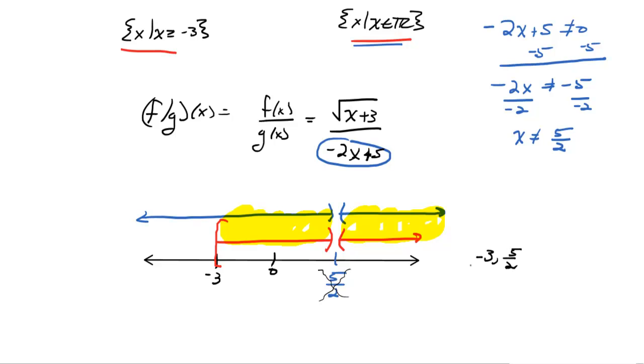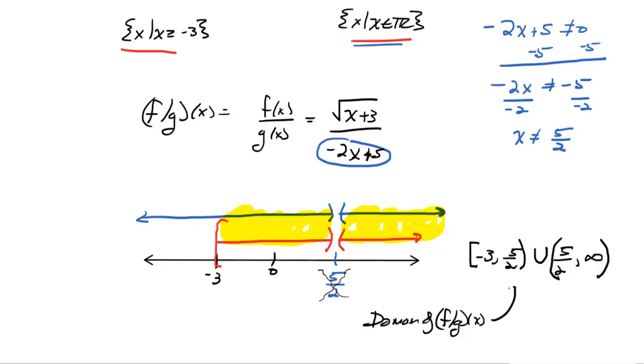We include negative 3, but we do not include 5 halves. Then we have to union or conjoin this, starting at 5 halves, going on to positive infinity, not including 5 halves and not including infinity. So the domain of f divided by g of x will in fact be that.